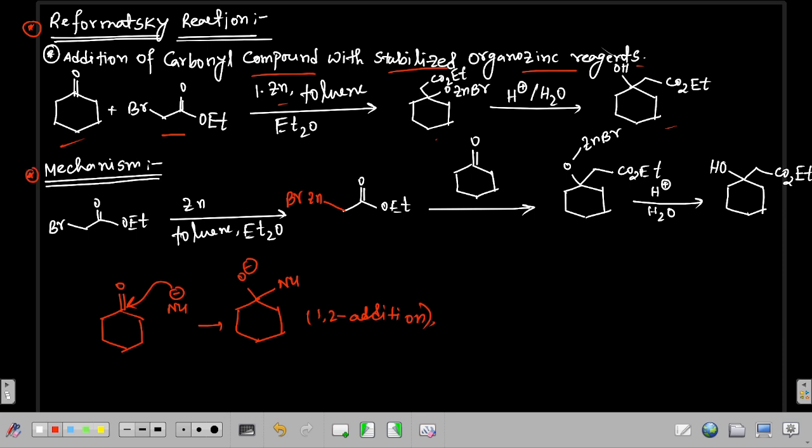Now we will see the mechanism. In presence of zinc, this bromide compound, this is an alpha bromo ester. This alpha bromo ester reacts with zinc in toluene, and it gives this organozinc compound.